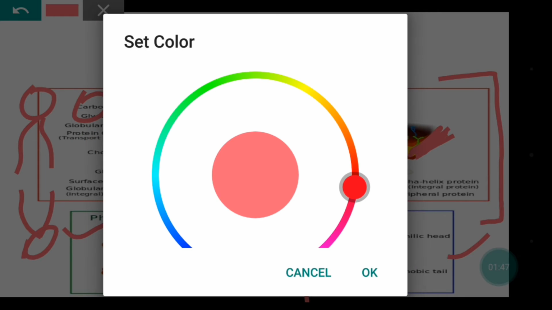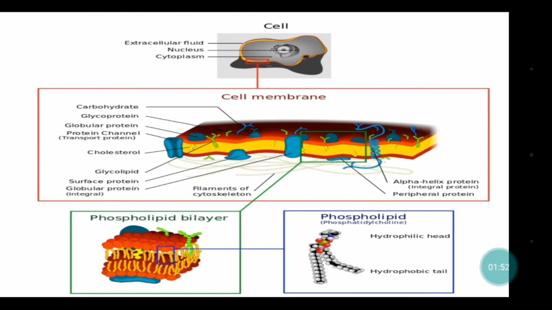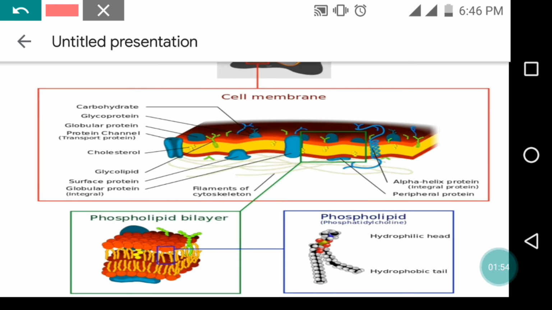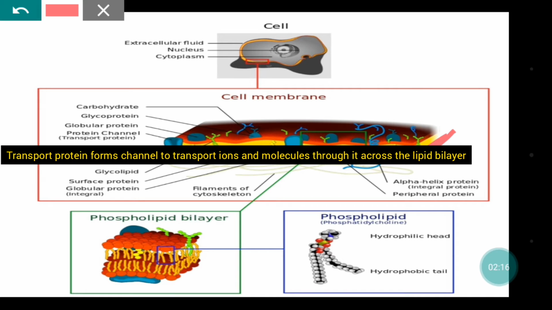Now we will see the other components in detail. So this is the phospholipid bilayer. Its polar head or hydrophilic head is towards the surface, and this one is the protein channel or transport protein.